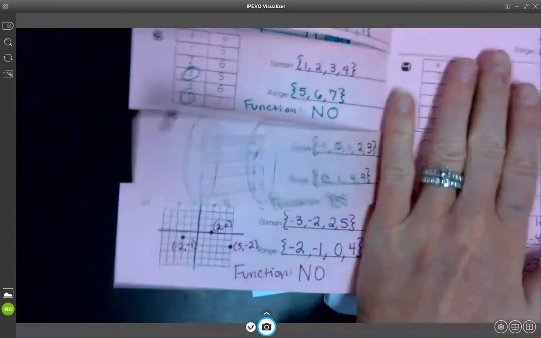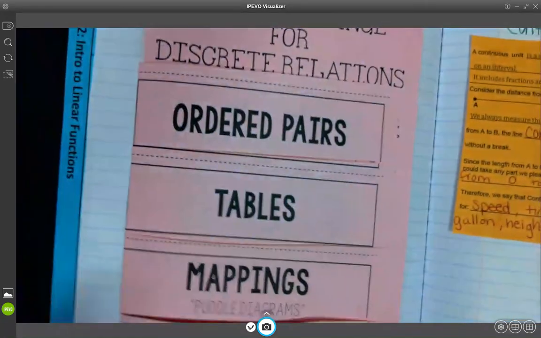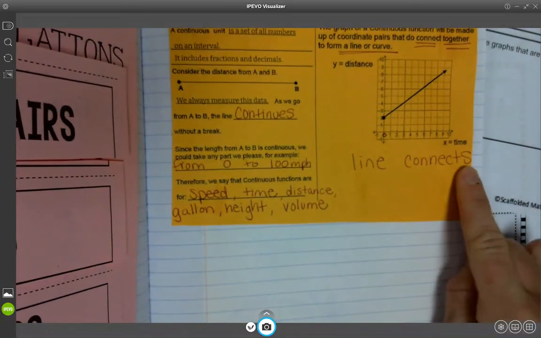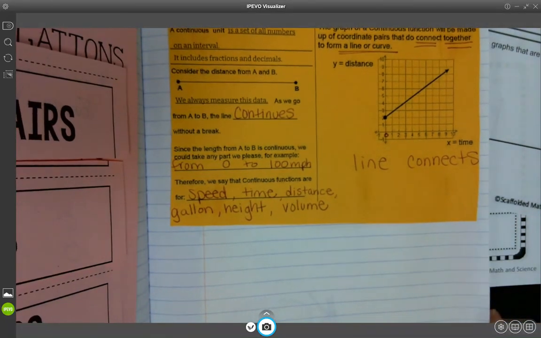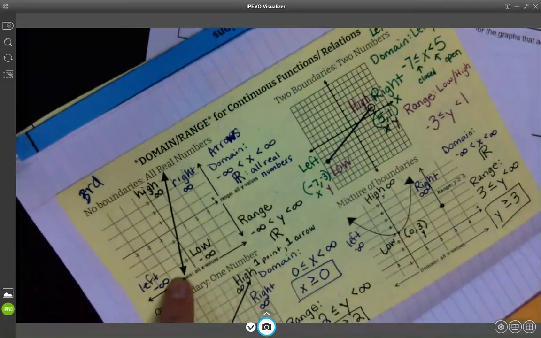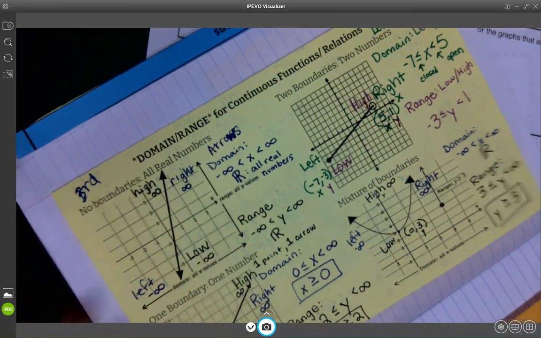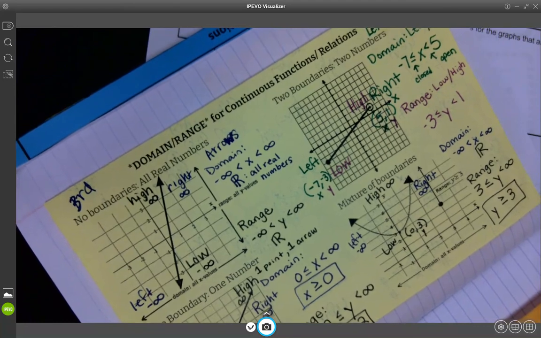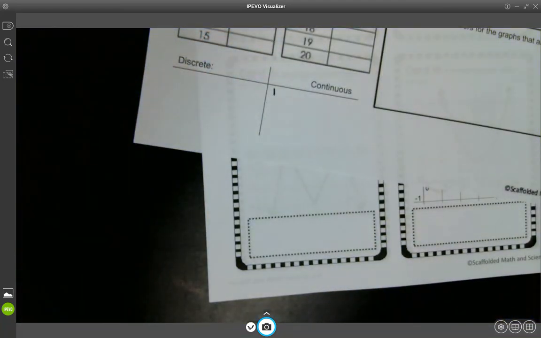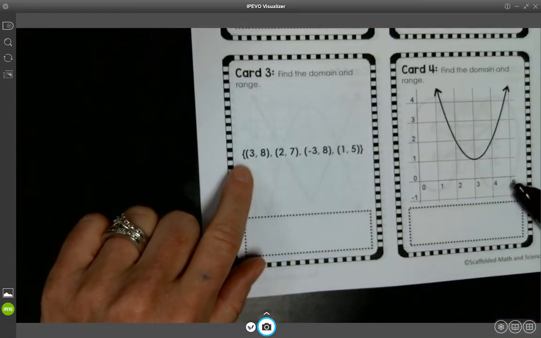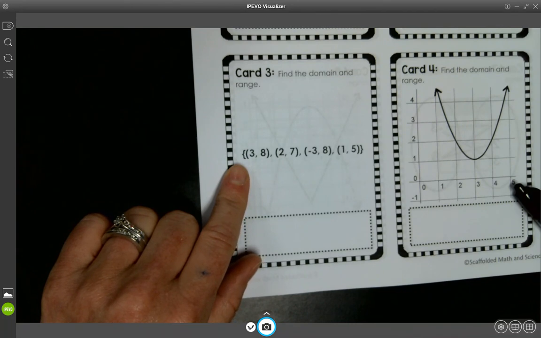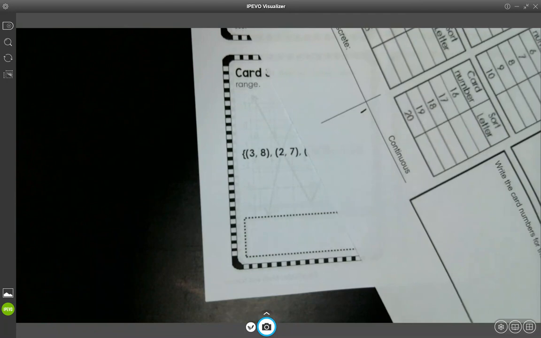Continuous is a line that connects. It doesn't have to be straight. It could be any kind of line. Anytime it's a list like this would be discrete.